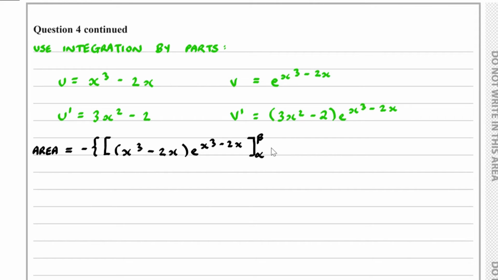And then I subtract the integral of v u dash. So we have v u dash between alpha and beta equaling 3x squared minus 2 e to the x cubed subtract 2x dx.